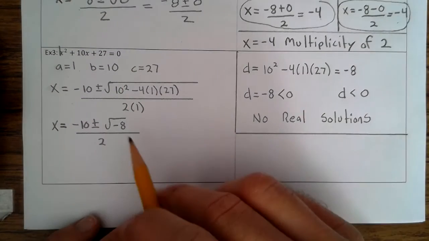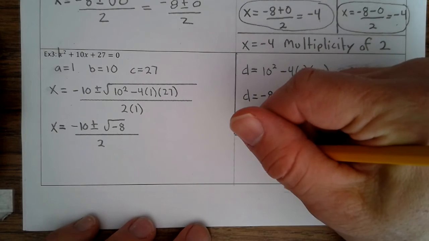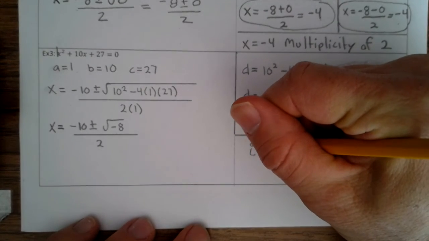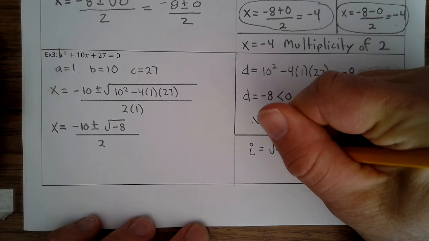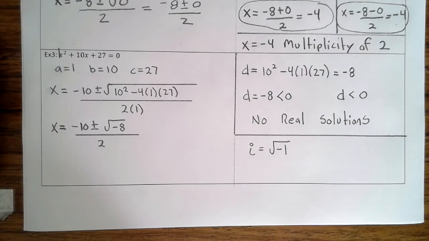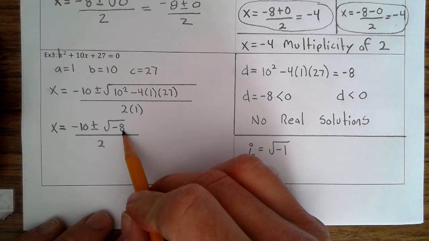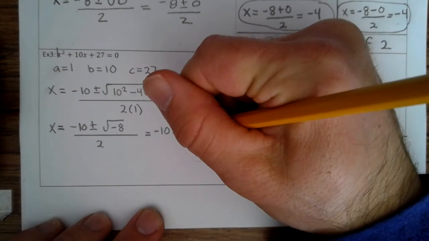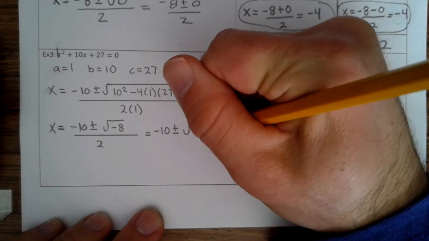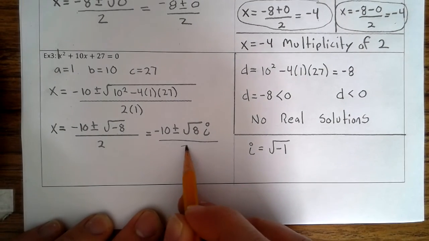Now we need to address the square root of a negative number. An imaginary number is the square root of negative 1. So in essence, the square root of negative 8 becomes negative 10 plus or minus the square root of 8 i, divided by 2.